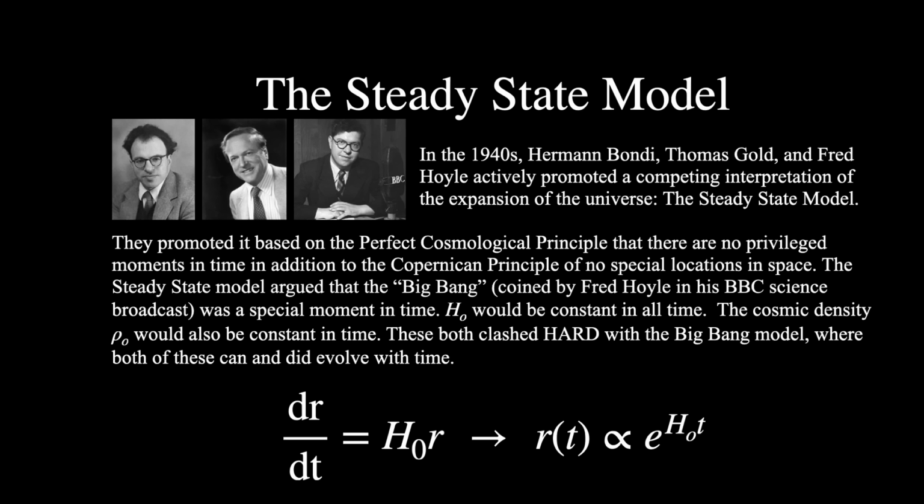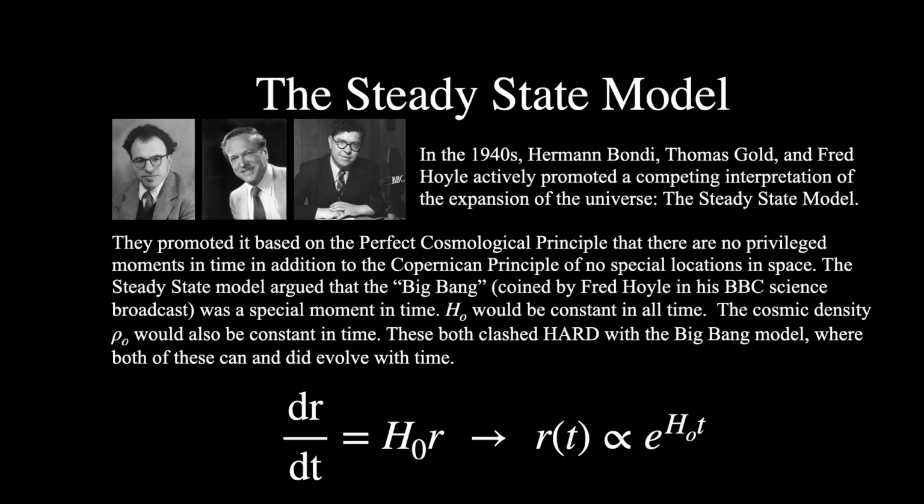By supposition, the steady state says that the expansion rate is constant and is proportional to the distance. We can then easily just state that the functional form of v is v equals H naught times r. The v then is by definition dr/dt, the derivative of the distance with respect to time.